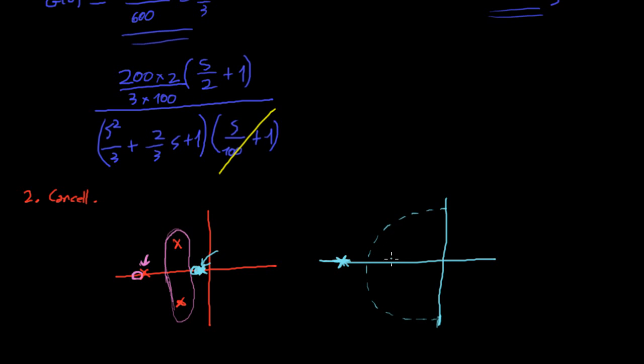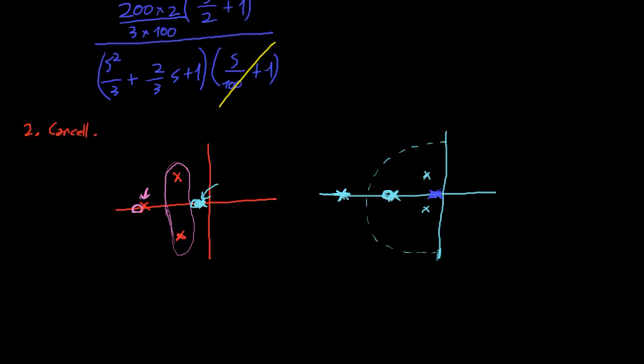Once we are inside the dominance radius, you have to have a zero close to the pole in order to cancel it. But as you get closer and closer to the origin, the pair has to be closer and closer. They have to be almost in the same position, because otherwise we cannot disregard their contribution.